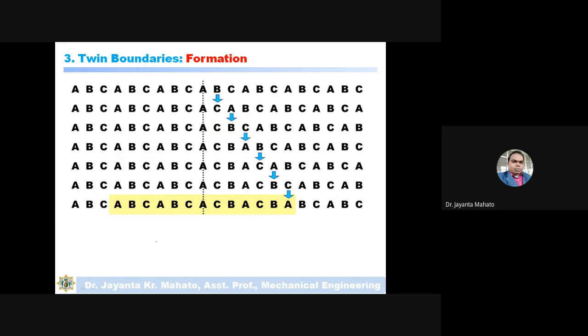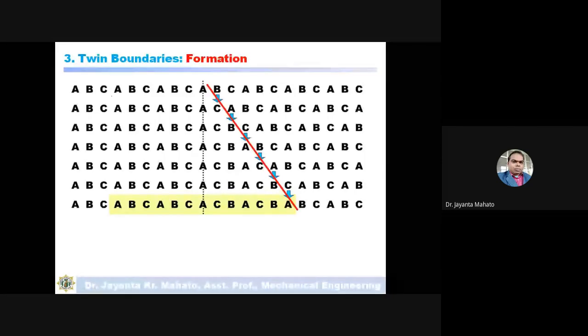Now just see, in the first line there is written A B C, then again A B C. So A B C means in case of FCC metals there are three layers of atomic arrangement.